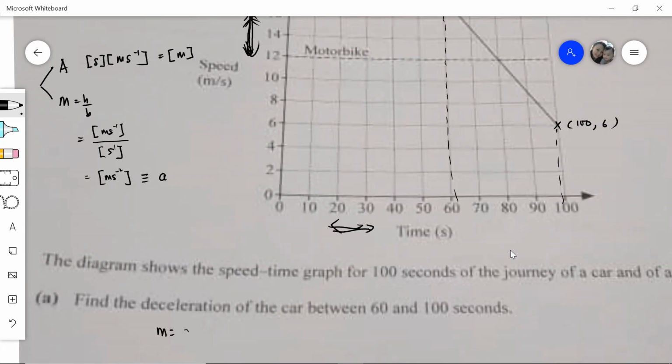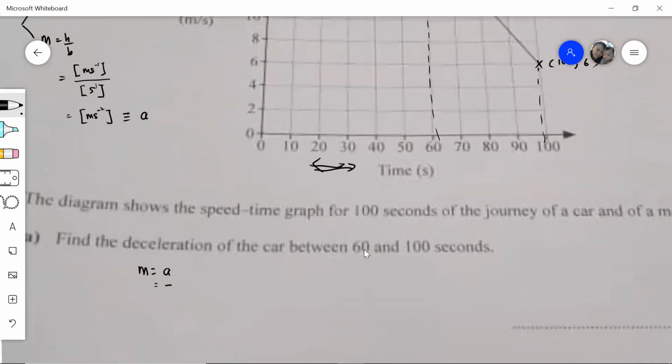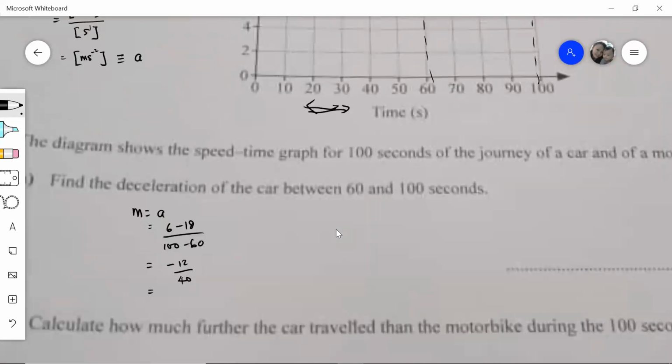The gradient is equivalent to our acceleration. Because this gradient is going downhill, we have a negative, or you can just use the coordinates to find it. All right, so we have y2 minus y1, so 6 minus 18, over x2 minus x1, so 100 minus 60. So over here we have negative 12 over 40. So the answer will be negative 12 divided by 40, which is negative 0.3. Okay, negative 0.3. And this is the acceleration.